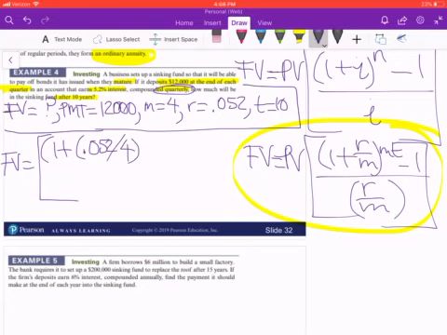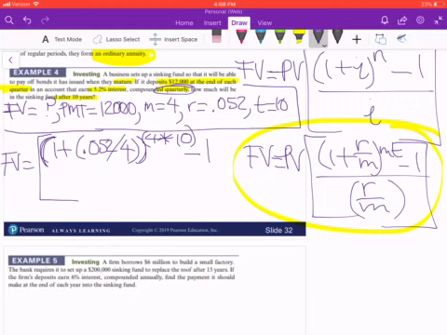Then I have to close the parentheses again, because I want this whole thing to be raised to the power of m times t. So that will be 4 times 10 for 10 years. Then after that, I will need a minus 1.